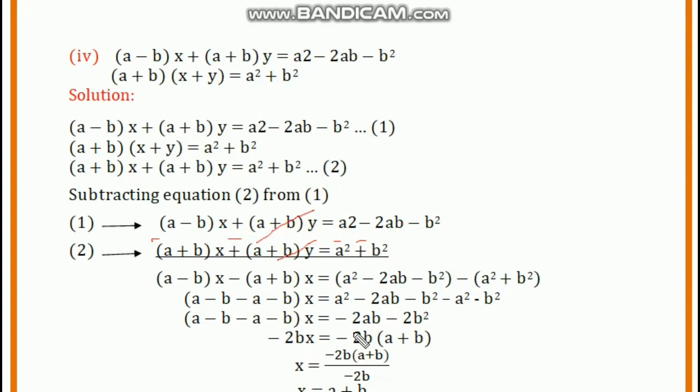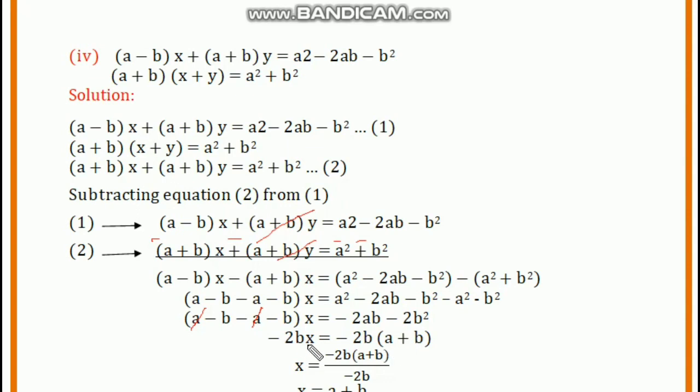Okay, then see this, minus a and plus a will be cancelled. So remaining minus b is there. So if we add these two, we get minus 2bx equal to, here 2b is common, take outside minus 2b, so remaining a plus b.